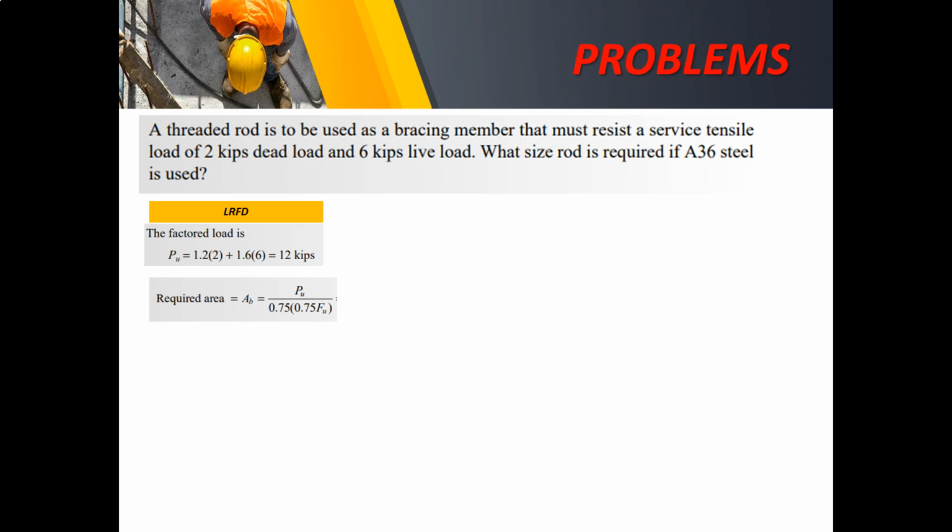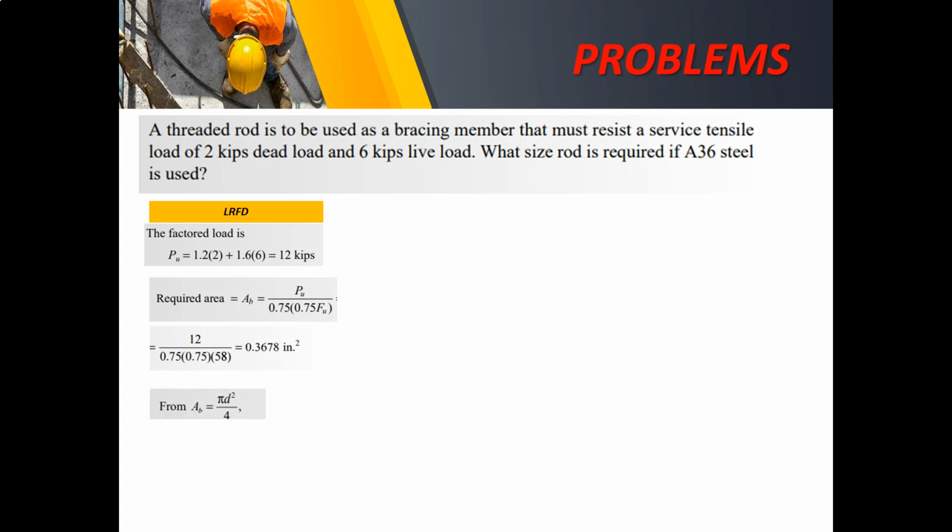So the bar area requirement will be equal to Pu all over 0.75 multiplied by 0.75 times Fu. Substituting the given, we have Pu is 12, we have Fu of 58, we'll be having a required area of 0.3678 square inches.